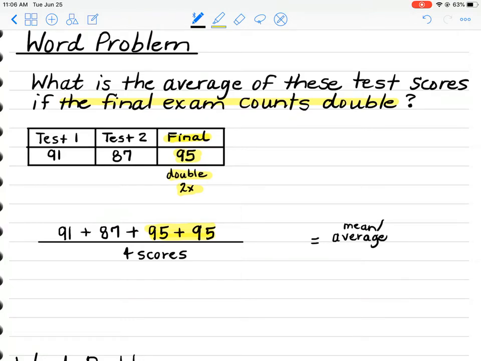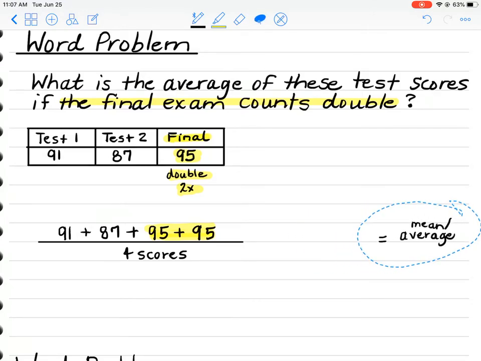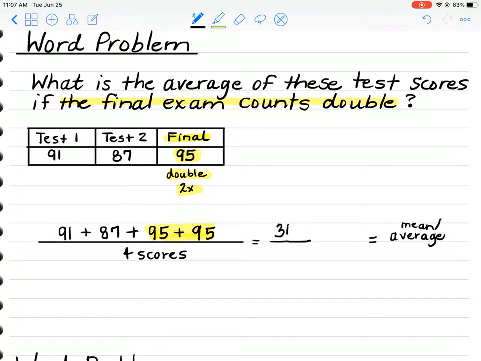And this is going to give us the mean. We need to add up the top. I think I'm going to scoot this over, and I'll just keep working it this way. So go ahead and add up the top. 91 plus 87 plus 95 plus 95 is 368 points.